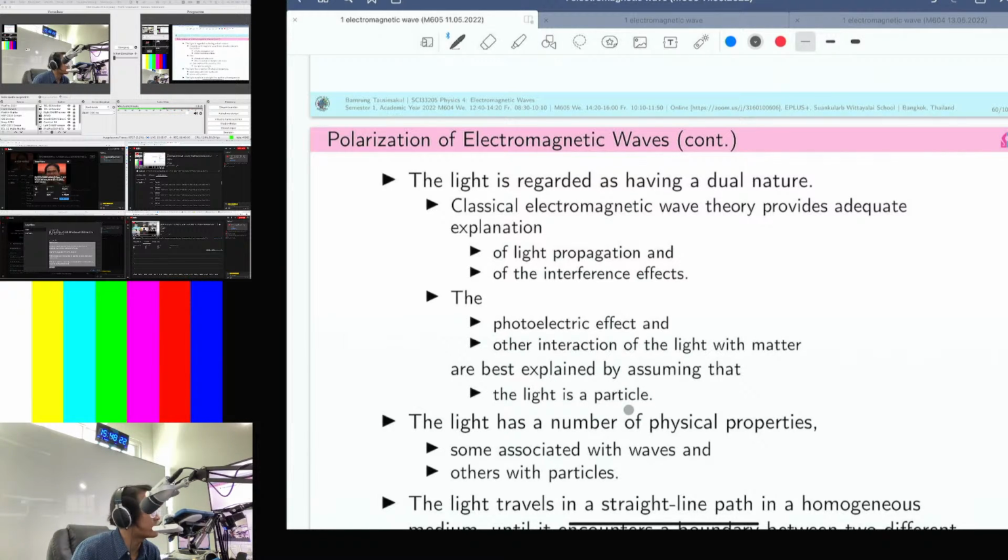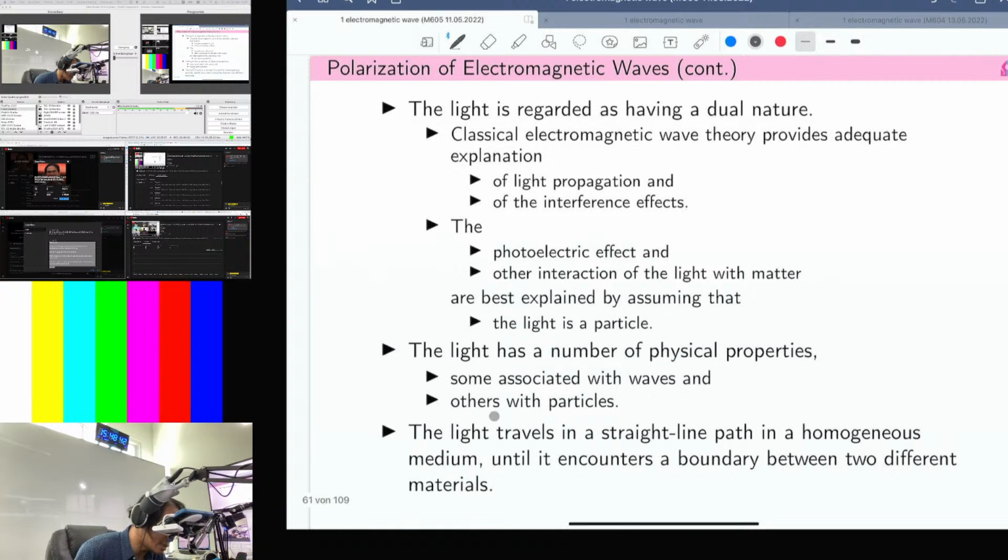That is the effect from middle age physics. We finally conclude that light can be considered as a wave according to classical electromagnetic wave theory, and considered as particles once it hits or has some interaction with other matter or other particles.